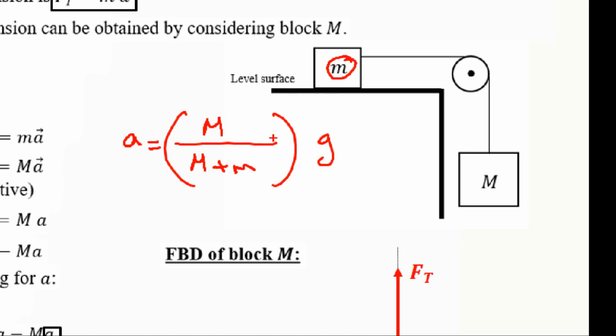It's neither helping nor opposing. So the numerator doesn't include m. However, in the denominator it will be included, because this increases the inertial mass of the system. So it is absent from the numerator, but present in the denominator in the total sum.